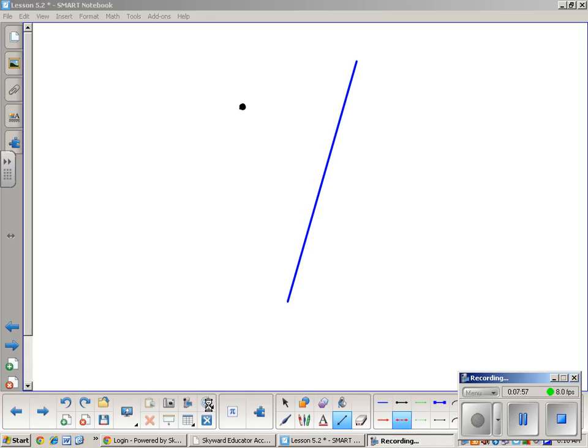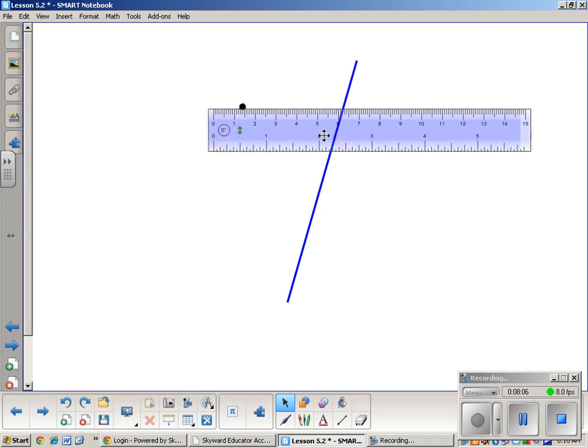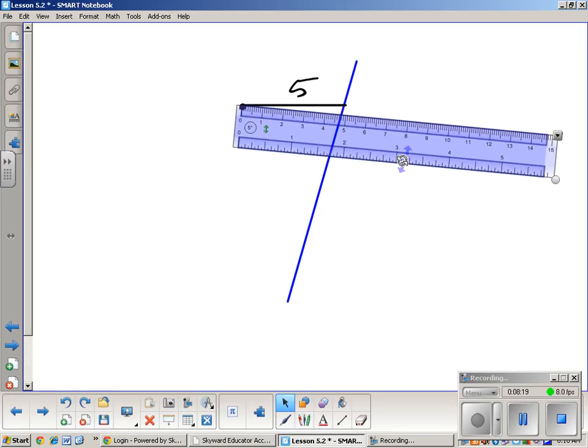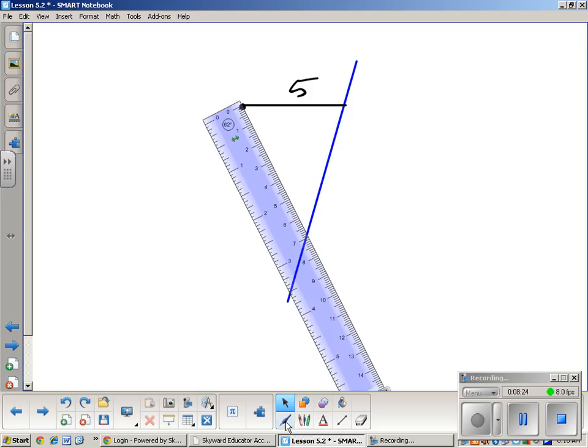And so they would take the ruler and they would come up here and bring it up here and they'd measure like this, and one kid would say, well, that's 5. They'd draw that line, they'd say that's 5, and someone else would come up here and say, no, it's this line here, and they'd measure that to be 7.